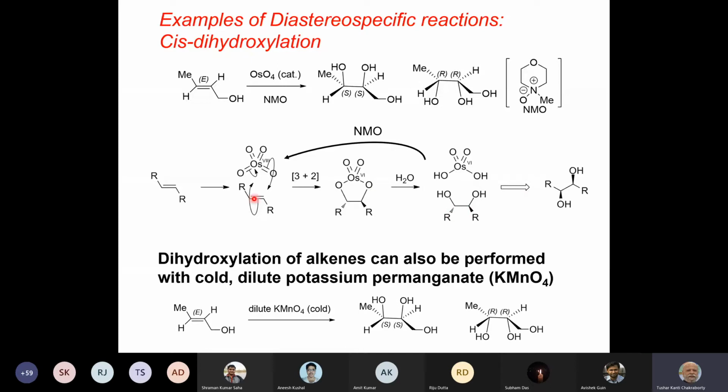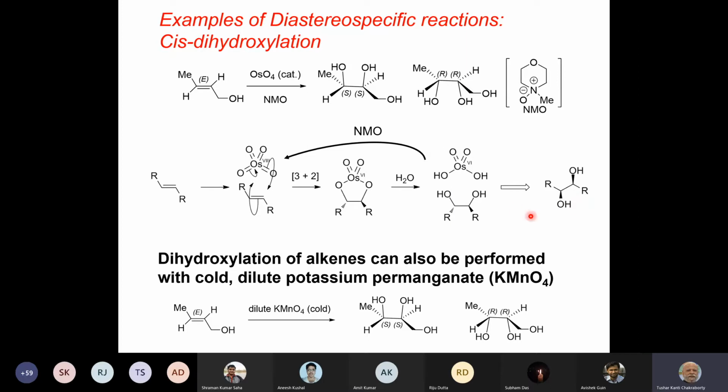And then what you get here: the olefin is written as trans. So R is on one side here, and the R on the other carbon is on the bottom side. When you draw the three-dimensional structure, you can see that one R has gone below the plane, one R has gone above the plane. And if you want to draw these chiral centers in terms of the hydroxyl groups, one hydroxyl will be above the plane, this one here, and this one will be below the plane.